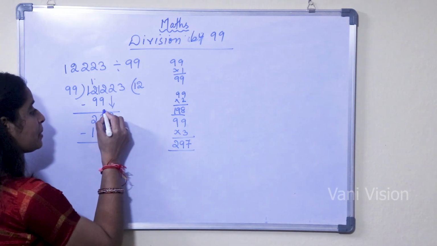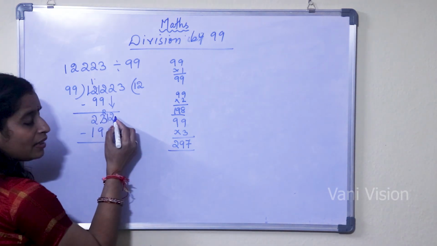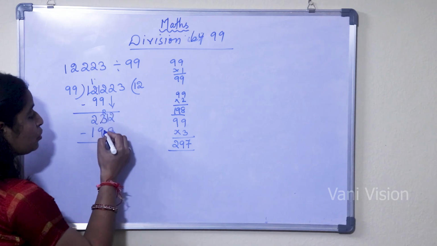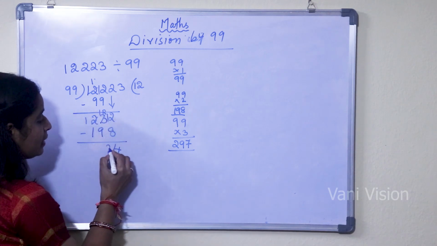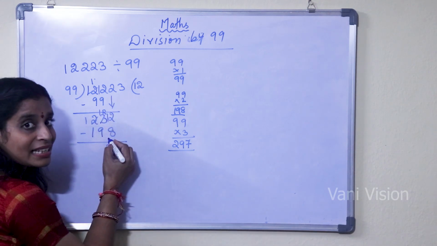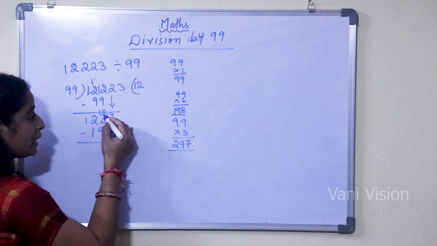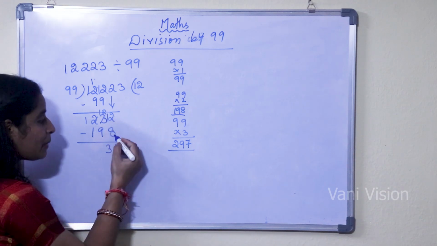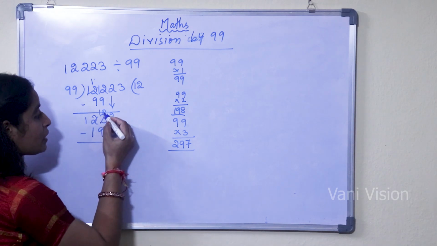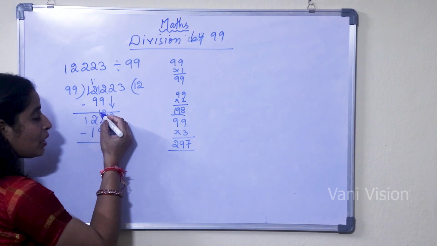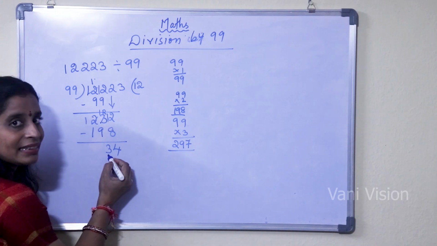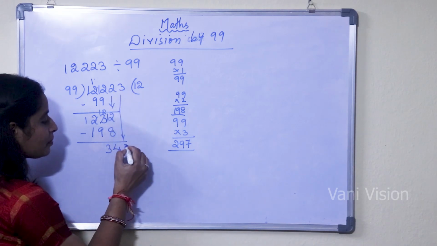Subtracting again, we get 3, 4, and 3. Bring this 3 down.